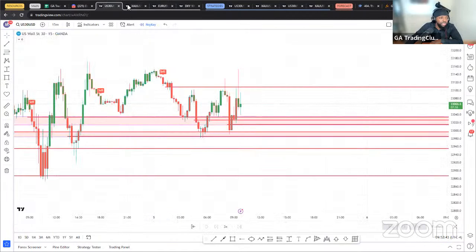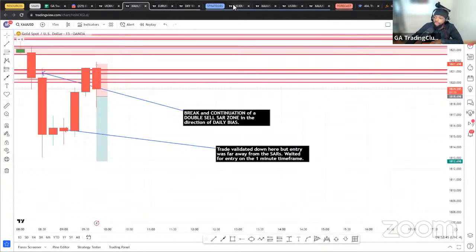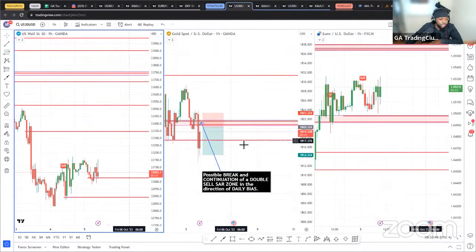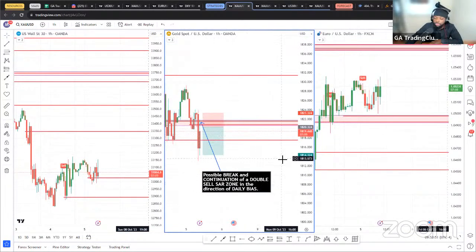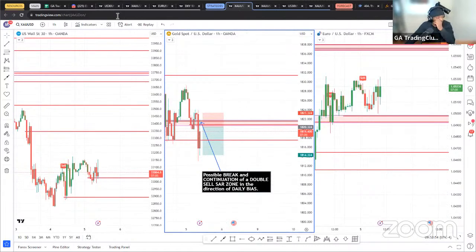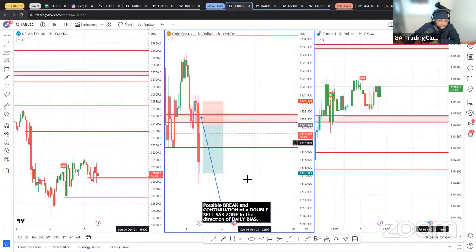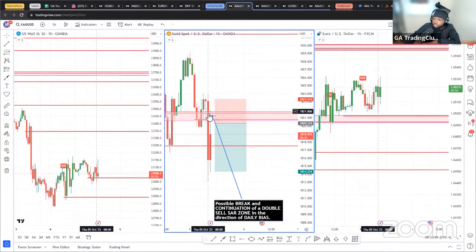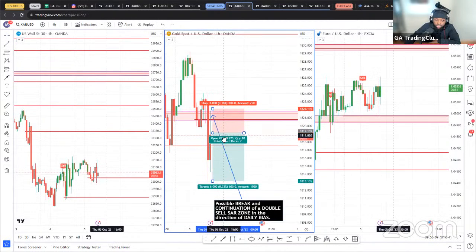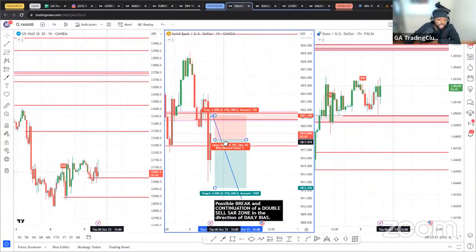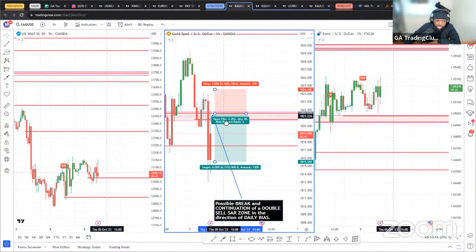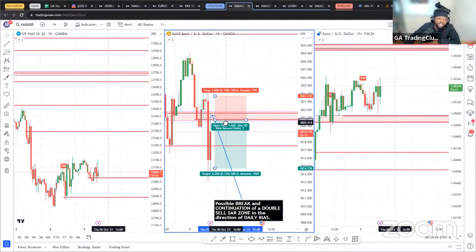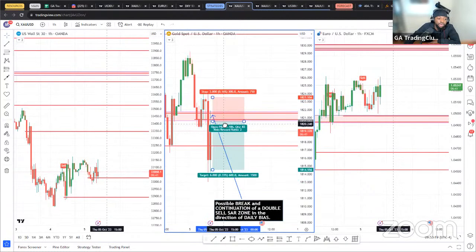So nothing, unfortunately, for US 30, even on the 1 hour time frame. If you're still waiting, if you have not entered the 1 minute, or if you didn't enter the 1 minute gold entry with me, there's this hourly entry. This is a break. You can see this candle broke and closed below this double sell SAR. This is the continuation candle. So if this hourly candle closes in the next 6 minutes below this double sell SAR zone, that is an entry also on the 1 hour time frame.